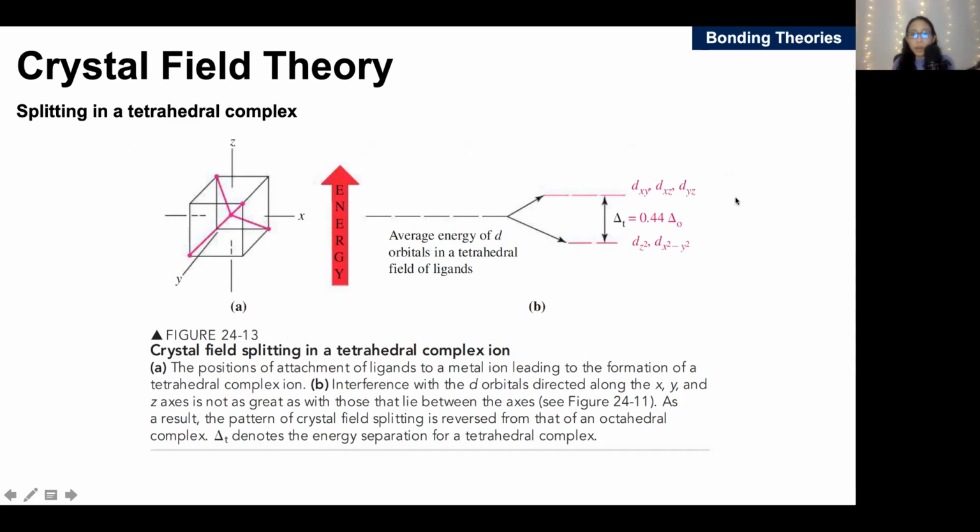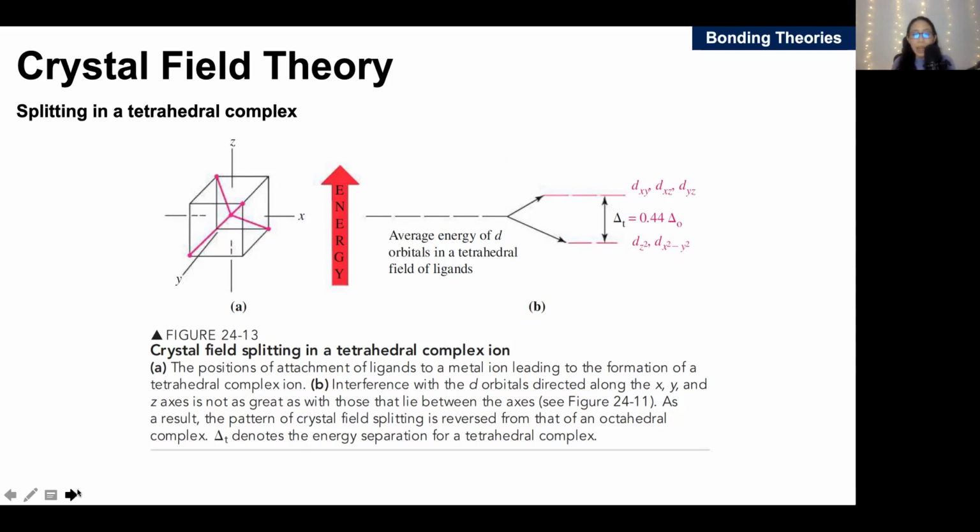So these three are the ones that are placed higher than the average energy of the d orbitals, the degenerate energy. Meanwhile, the z squared and x squared minus y squared are the ones that are lower than the degenerate level. Okay, so here we see, again, there's a different splitting pattern for a tetrahedral complex.